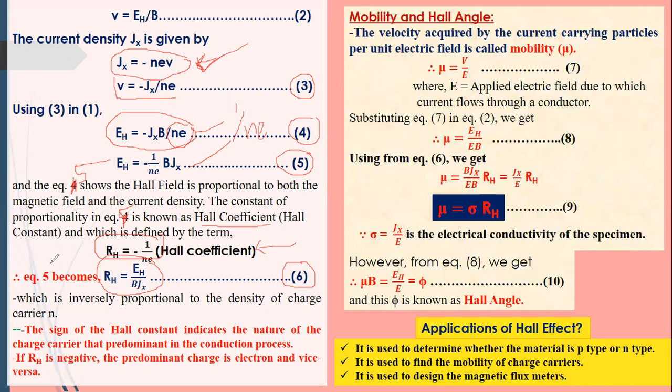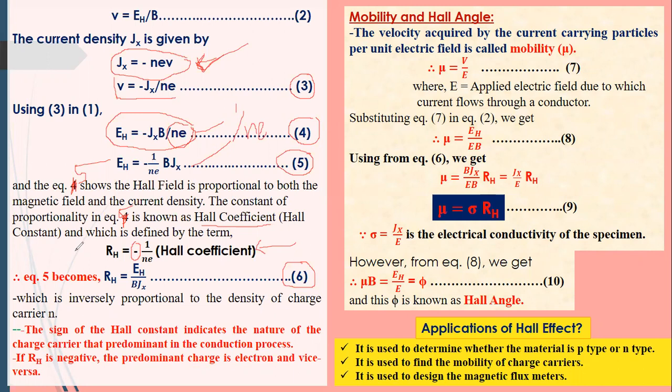If RH is negative, the predominant charge carrier is electron, and vice versa. If RH is positive, the predominant charge carrier is positron, and vice versa.